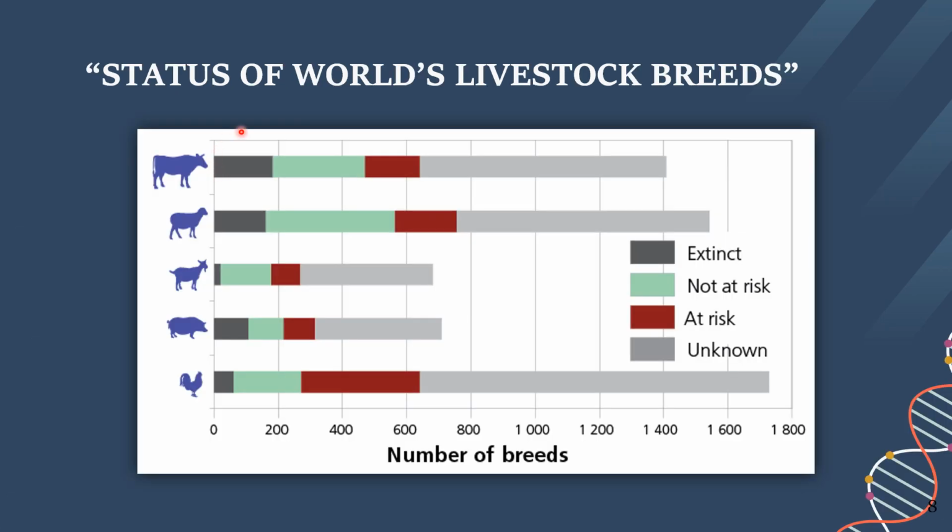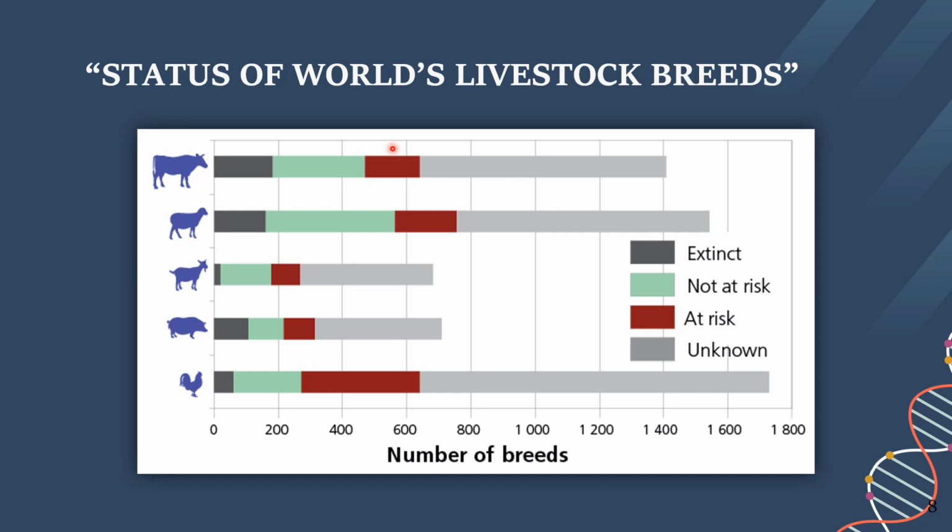Here, this chart shows the status of livestock breeds of the world. In this, the dark gray line shows those breeds of a species which have become extinct, whereas the green line shows that some of them are not at risk. The red line is an alarming line showing the rate of risk.